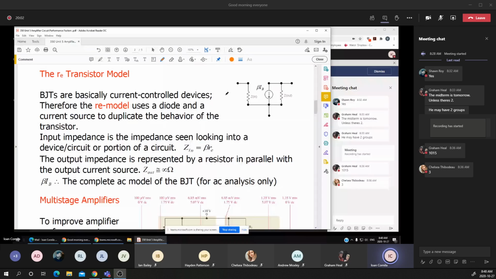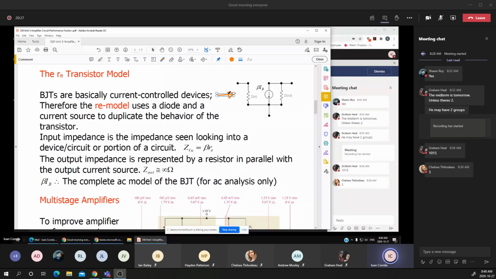In DC, the biasing is just a few equations or a few rules that may be applied. For an AC model of a transistor, this is called the re model, or the dynamic resistance of the transistor.